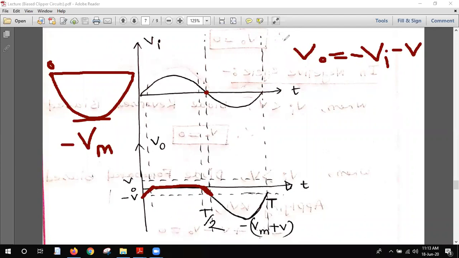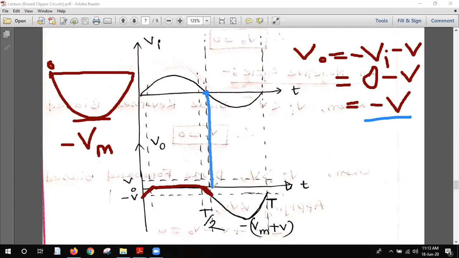So my student, if I replace the value 0, then the output will be minus V. When the input is 0, the output will be minus V. Similarly, I drag a line here.